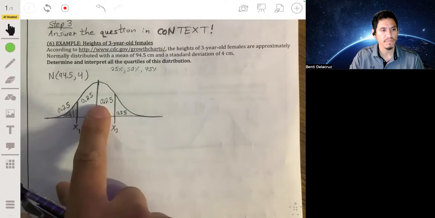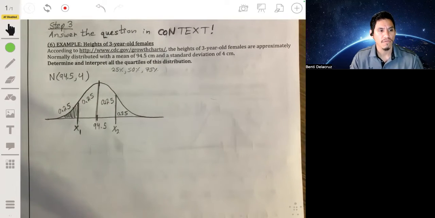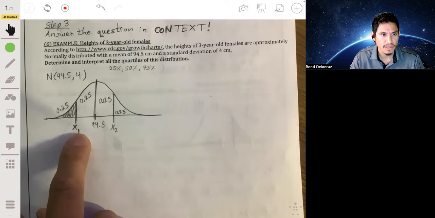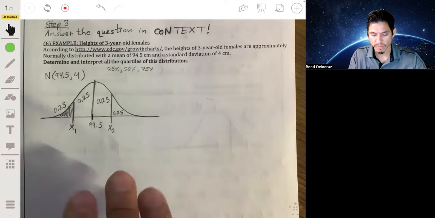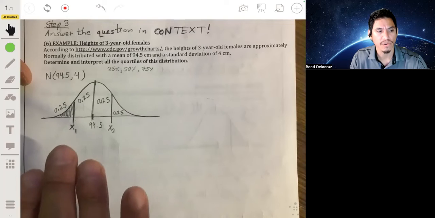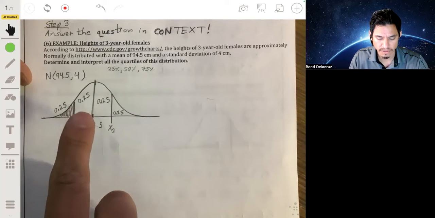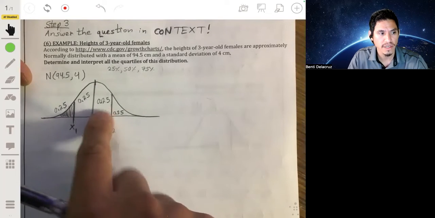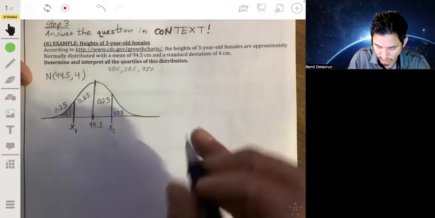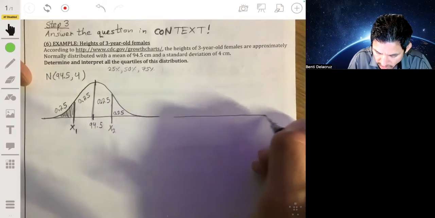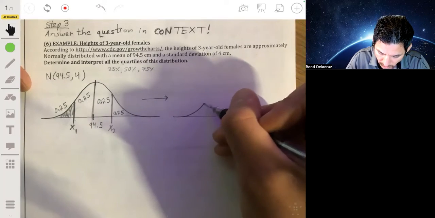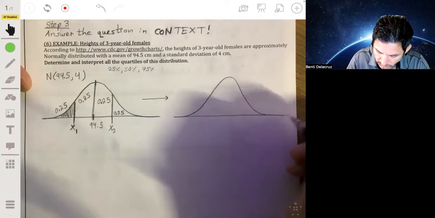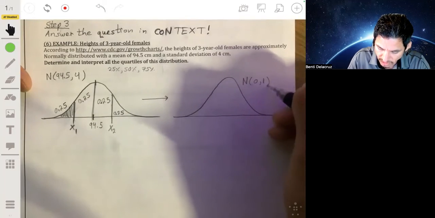So we know the percentages are the areas. Now we have to work backwards and figure out the corresponding values in terms of the heights. So what we want to do is look for the corresponding z-score values with these areas to the left and between them. Let's look at how this would compare to the standard normal curve. Remember, the standard normal curve is still a normal distribution, but it has a mean of 0 and a standard deviation of 1.